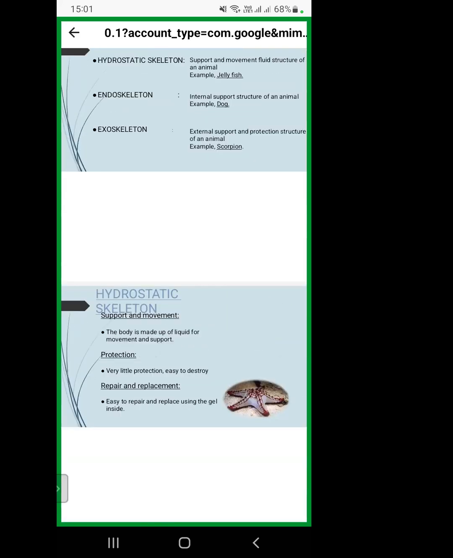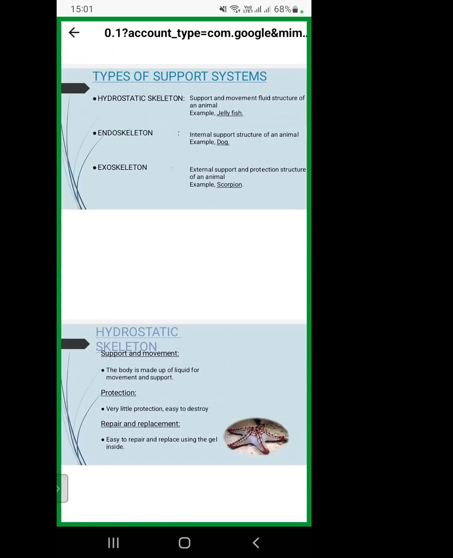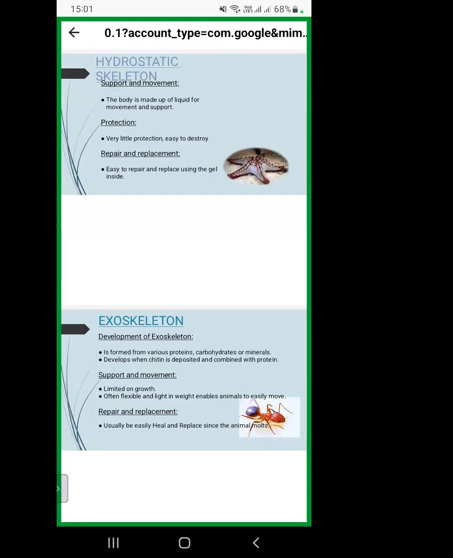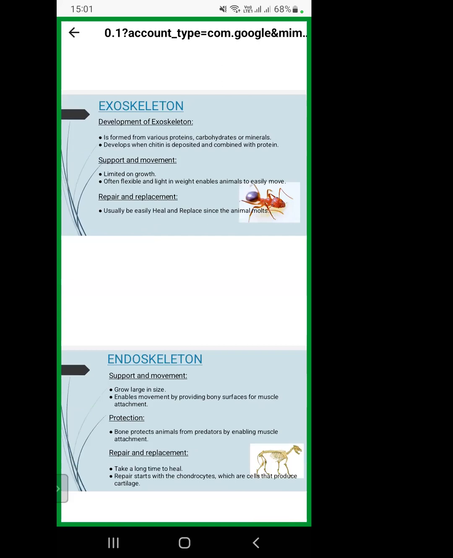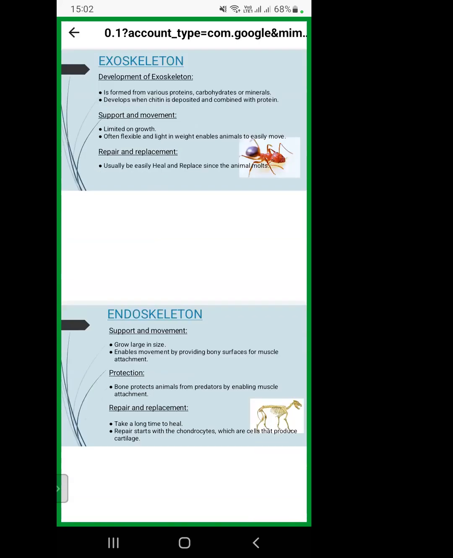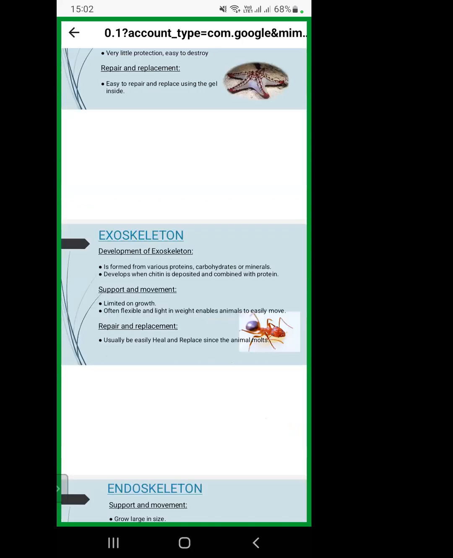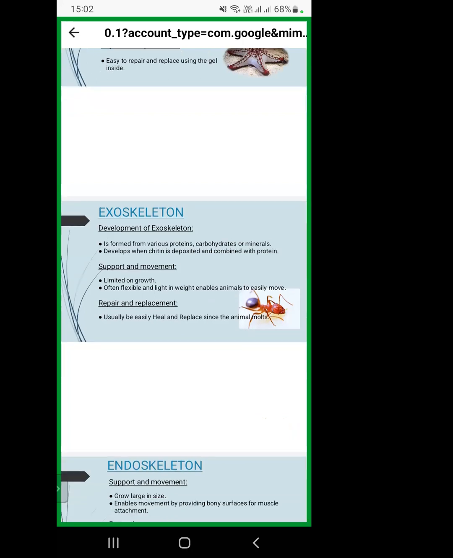Now with endoskeleton, we should be specifically looking at it in our next lesson. We will be specifically looking at a human skeleton, which includes, starting from the face, all the way down, different bones and all of that.